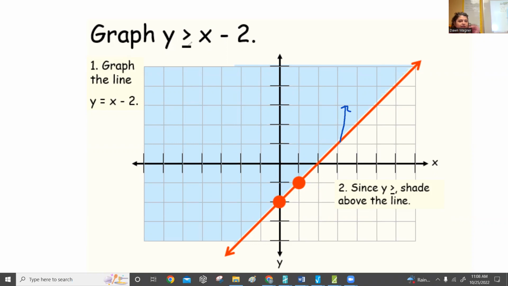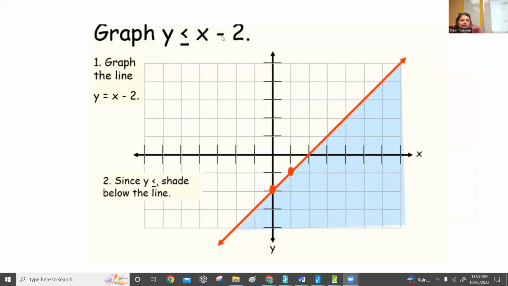And it was a solid line because you had a line under this. So when you graphed your line, it'd be solid. Make sense? Doesn't make sense? Okay. Now this one had less than or equal to. So in this case, we shaded down. And if I needed to figure out which way down is, I just put my finger on the line, anywhere on the line, and I just go down. This is shading downward.